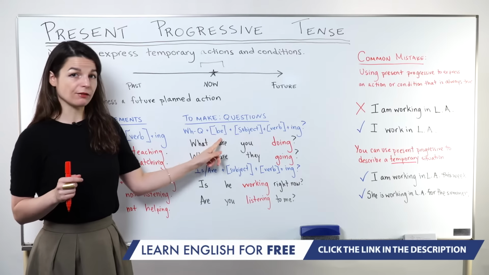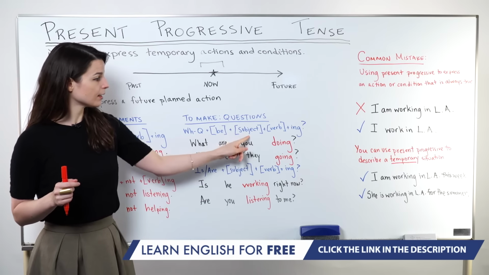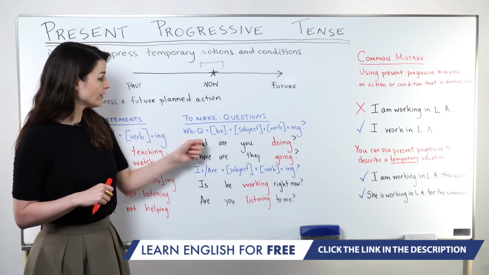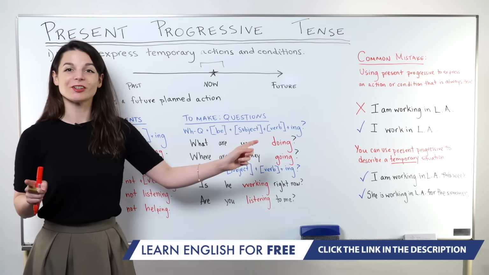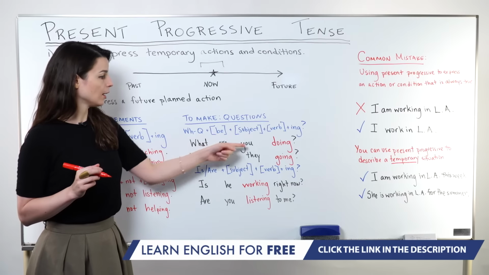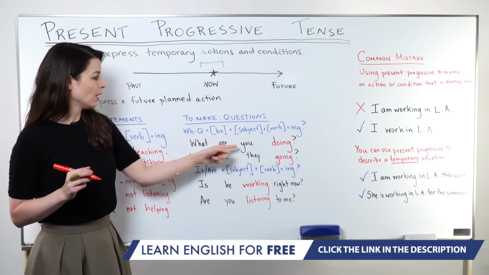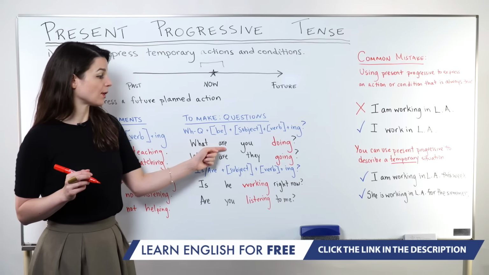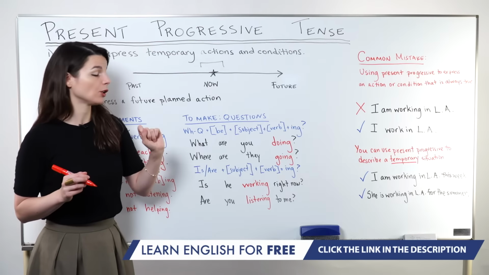We use the be verb, then our subject, and our verb in the ing form. For example, what are you doing? A very common question and good to know. What are you doing? So again, our subject is you. This matches with are. Our be verb must be are to match with the subject you.